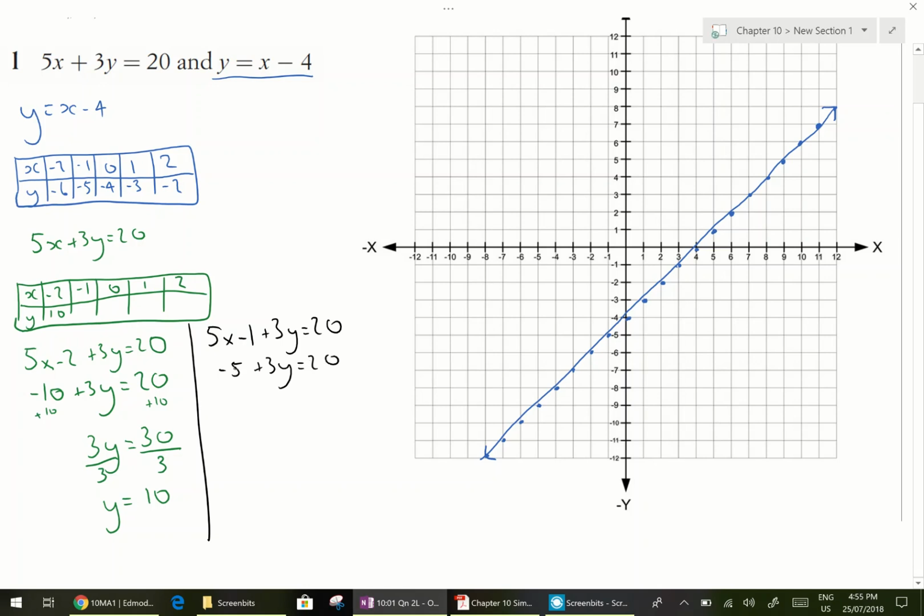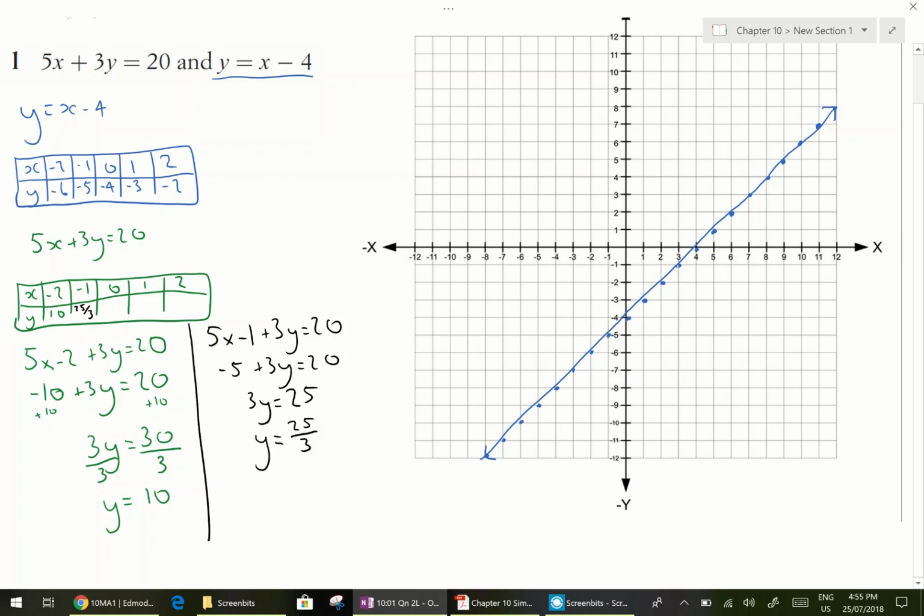If we move this -5 to the other side, it becomes plus 5. So 3y equals 25. That's an ugly number. 25 over 3 doesn't really simplify; it's 8 1/3. So let's see if we can find another number that will give us something better than 25 over 3.